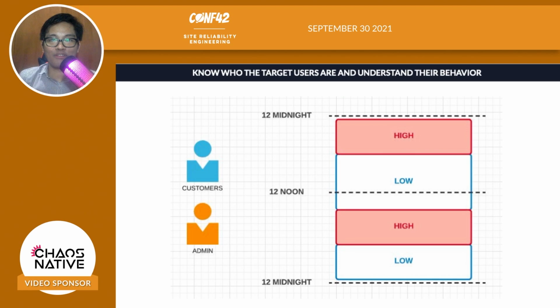The next one involves the users, the target users. When creating infrastructure, we're not trying to build and manage the infrastructure just for the sake of it. The goal of SRE, the goal of what we're doing right now, is to make sure that our customers are happy and the system is up almost 100% of the time. Almost 100%. So it's critical that we know who the target users are, and we need to understand their behavior.